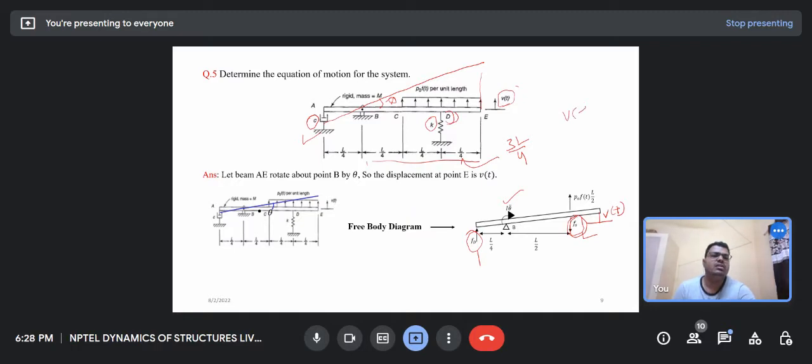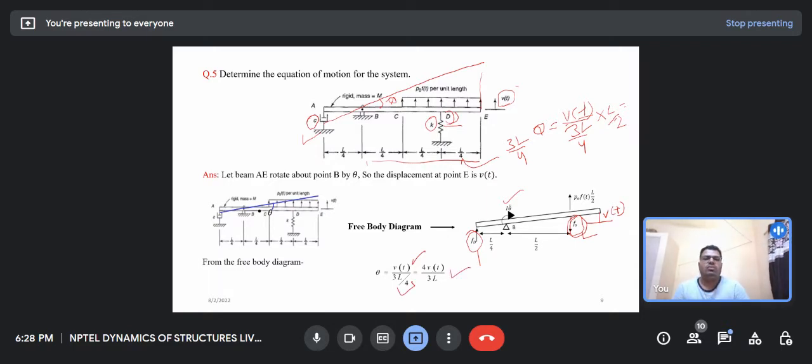If I divide Vt by 3L by 4, this is my theta, and if I multiply this with L by 2, that gives me the displacement at the D point. If you get theta, then you can directly get the displacement at the point D and at the point A. So the theta value is Vt divided by 3L by 4. Now we have rearranged the terms.